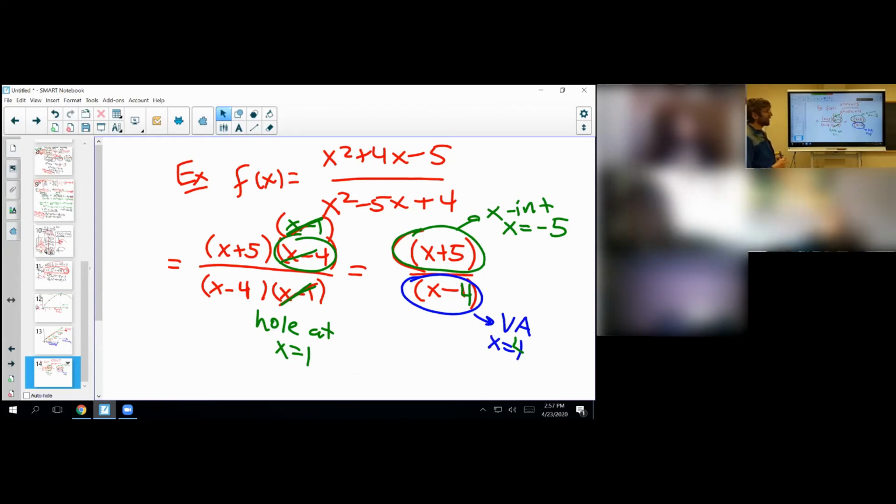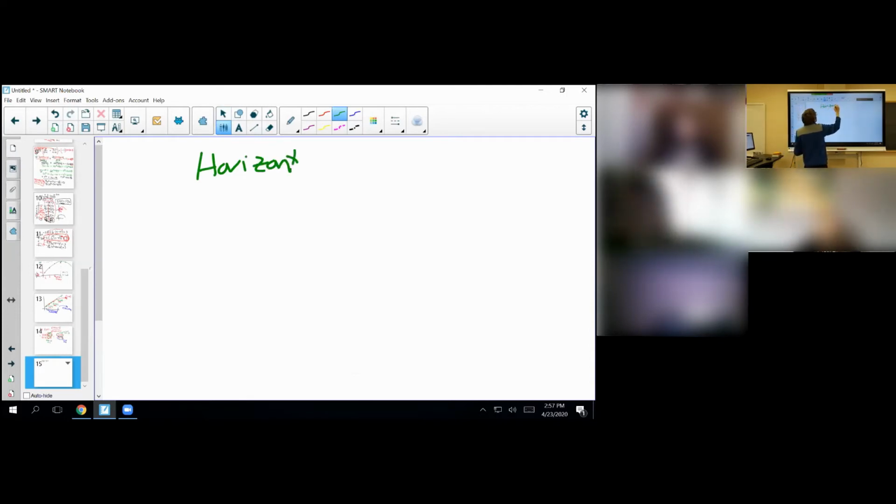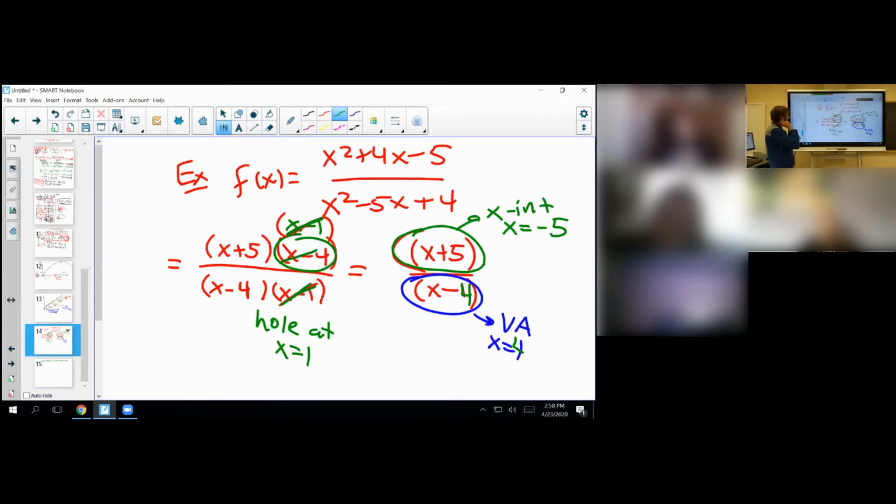So for the horizontal asymptote and for the slant asymptote, I think the easy way to do this is to go off the simplified version.